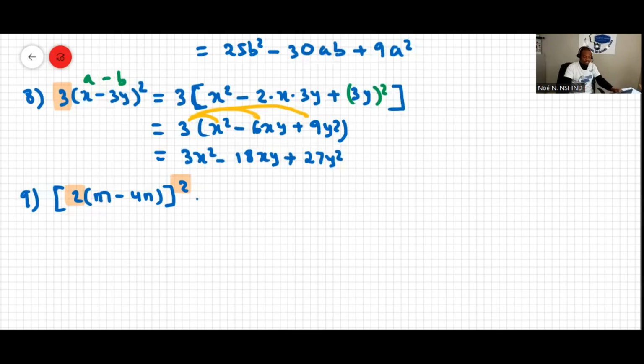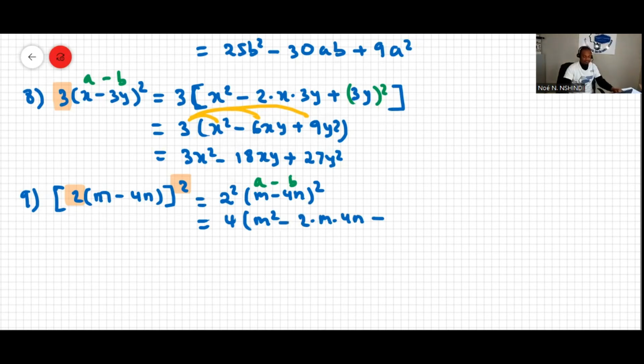So this can be written as 2 to the power of 2, m minus 4n to the power of 2. So here 2 squared is 4, and then we can apply the formula for what is within the round brackets. Note that's a minus b there, so this will be open bracket there, m squared minus 2 times m times 4n plus 4n raised to the power of 2.